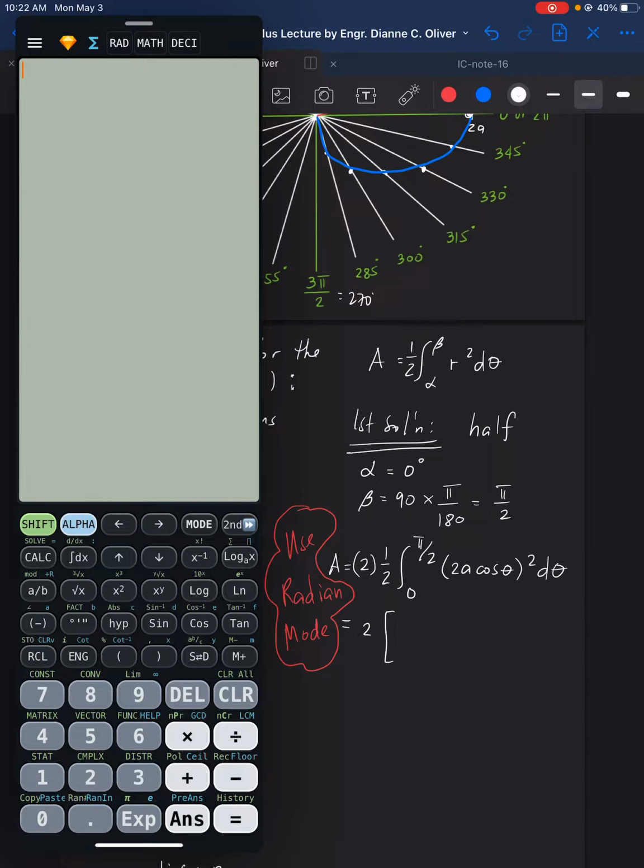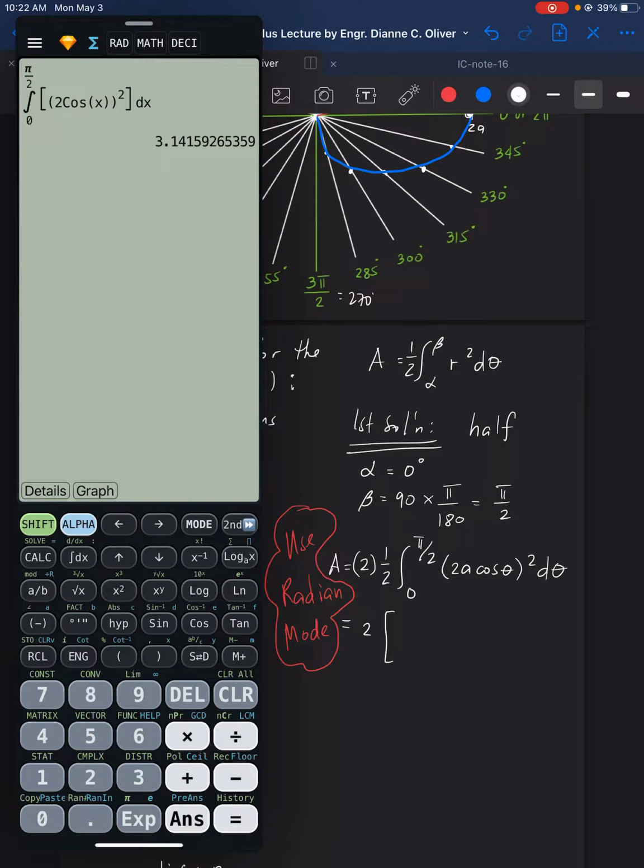So we have there 2, parenthesis, 2 cosine x, close it with parenthesis, squared. Lower limit is 0, upper limit is pi over 2. So shift pi over 2.